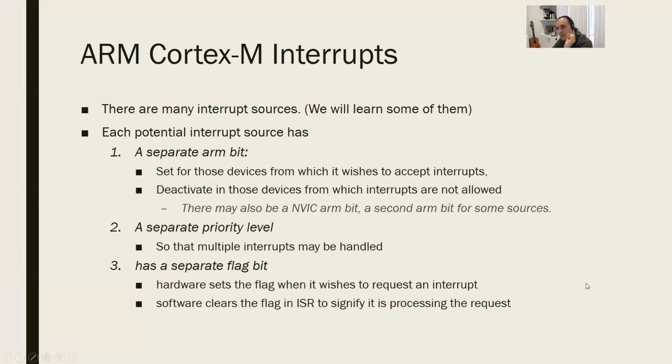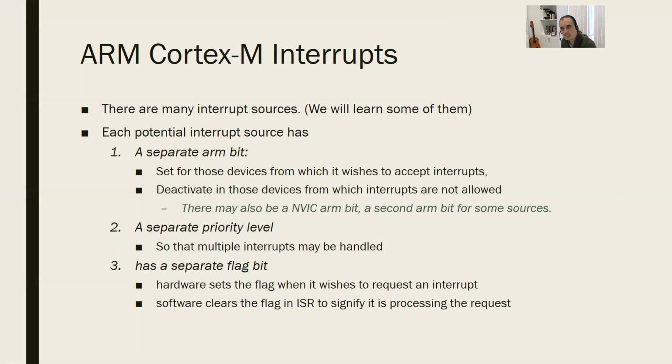Okay. The last step of theoretically enabling an interrupt: there will be a flag. This is a bit difficult to understand before you actually work your hands on it, but we are going to work on it, don't worry. You have enabled it, you've armed it, okay? And you set the priority level properly so that it will be accepted.